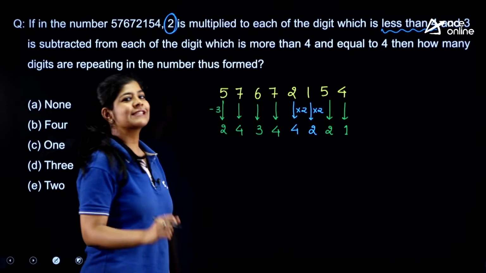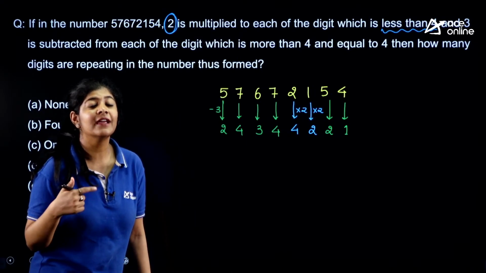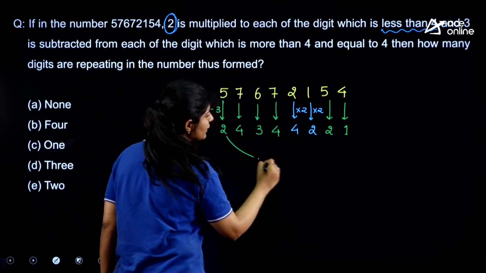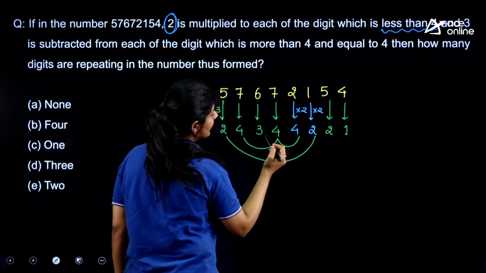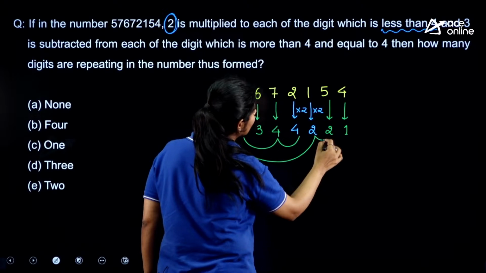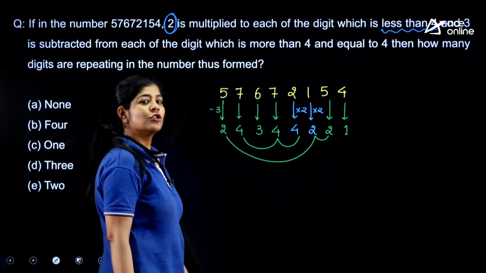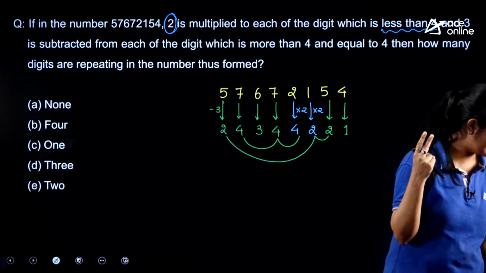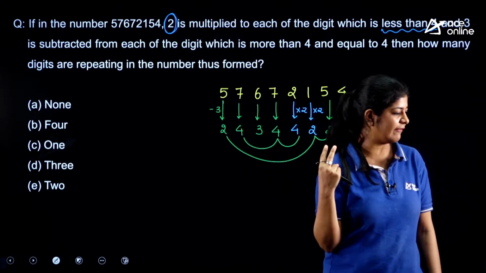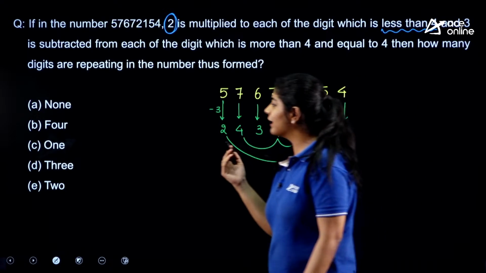Now the question is asking how many digits are repeating. So this 2 is repeating, and this 4 is repeating. Apart from that, do we have anything repeating over here? No. So how many digits are repeating? Only 2. Very good, Radhe.